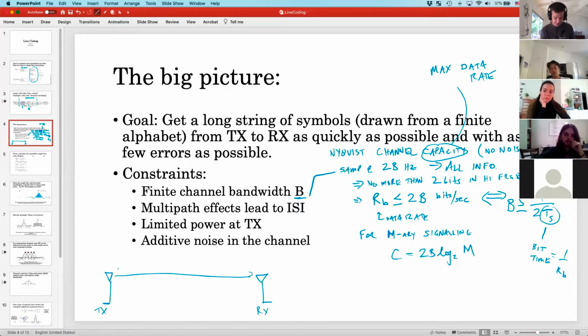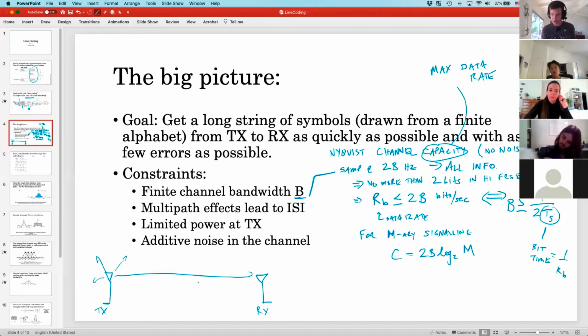And that's because regardless of how isotropic or not this antenna is, it's going to emit stuff in pretty much every direction. Different powers in different directions, sure.